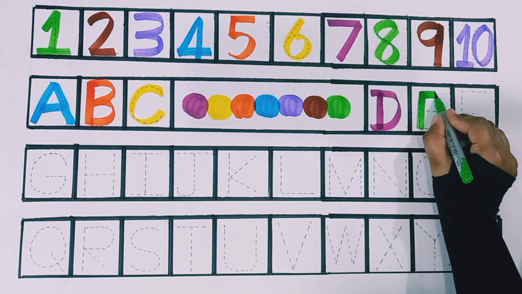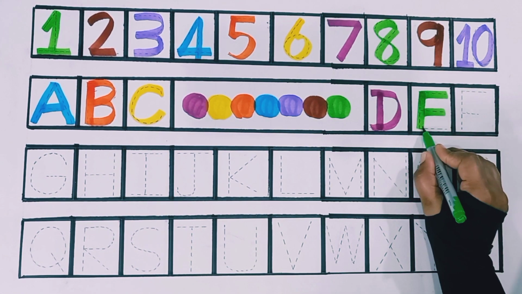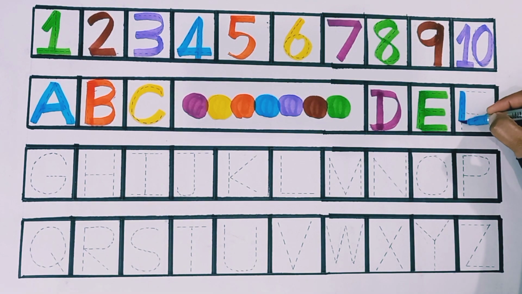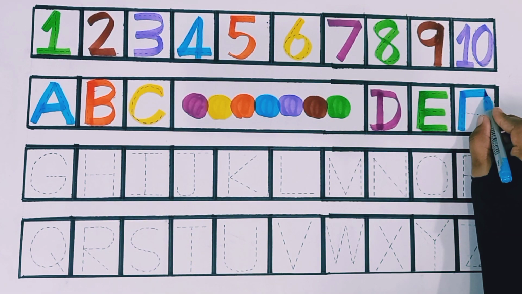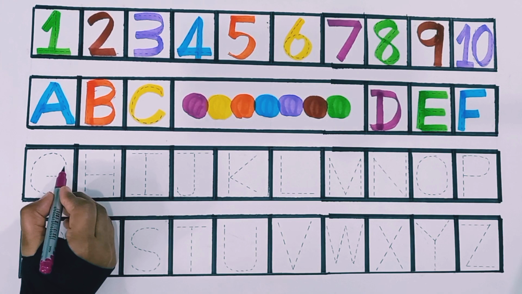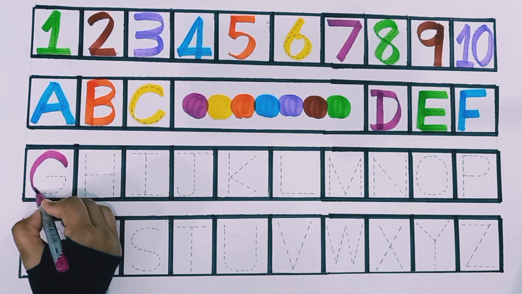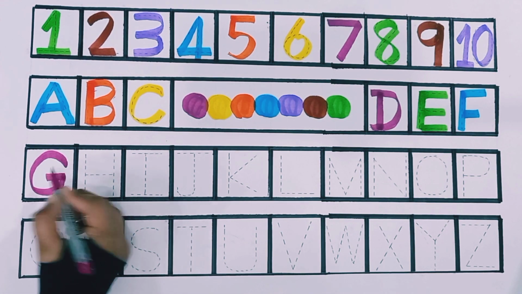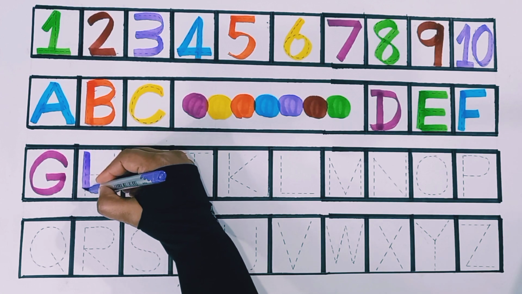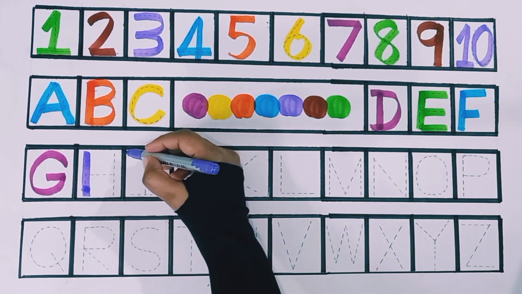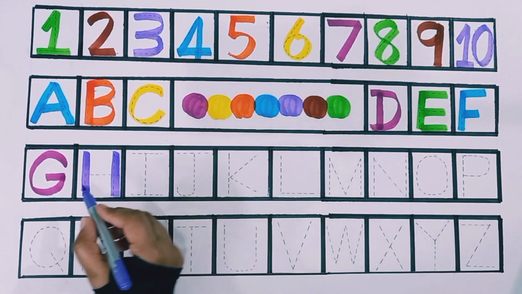E for egg. F for fruit. G for grapes. H for helicopter.